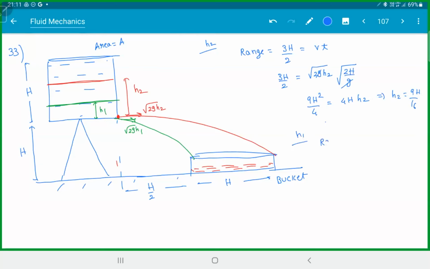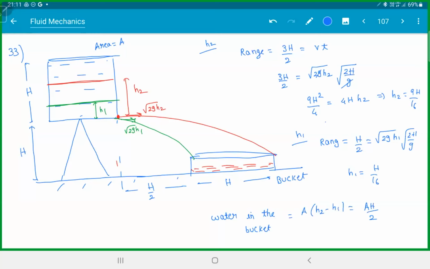For h1, range will be h by 2. That will be root 2g h1 into root 2h by g. h1 will be h by 16. You're done, right? So the water in the bucket will be area into h2 minus h1, which is h by 2.